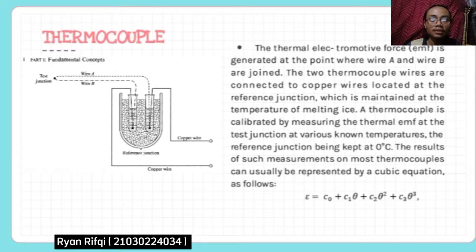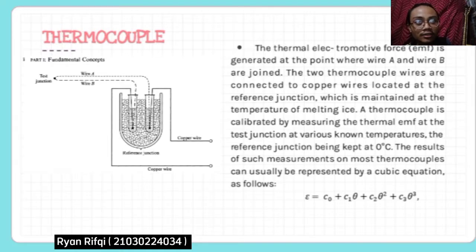A thermocouple is calibrated by measuring the thermal EMF at the test junction at various known temperatures, the reference junction being kept at 0 degrees Celsius. The results of such measurements on most thermocouples can usually be represented by a cubic equation as follows.